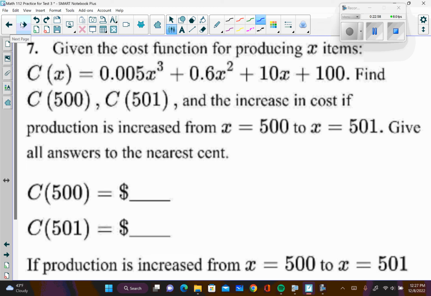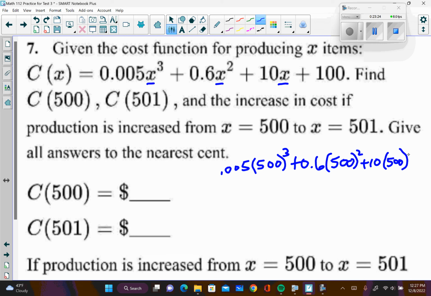To find C of 500, so this is the same function, C of x is given. We're going to replace all these x's with 500. So I'm going to say 0.005 times 500 to the third plus 0.6 times 500 squared plus 10 times 500 plus 100.